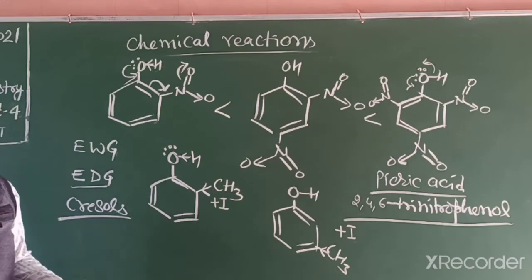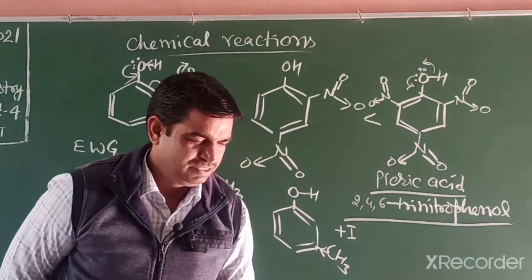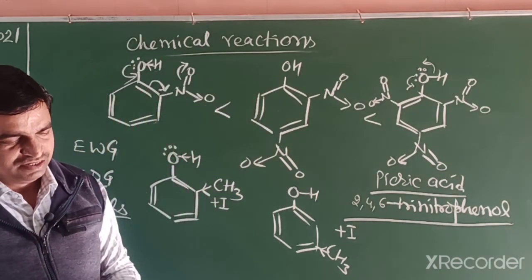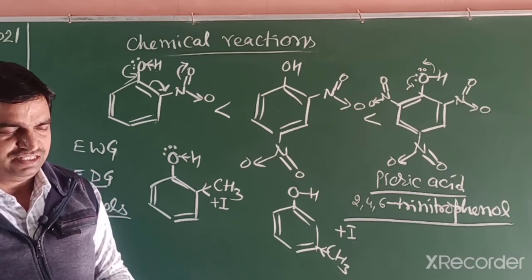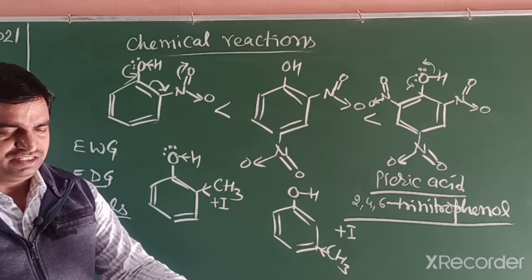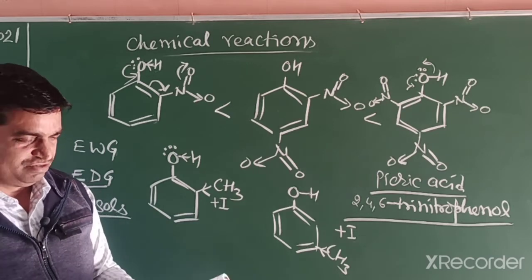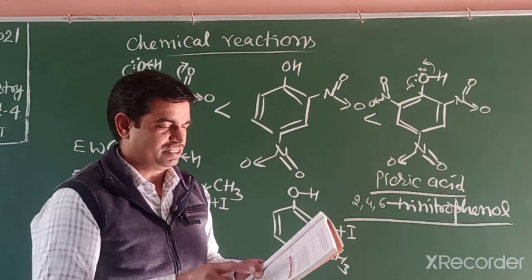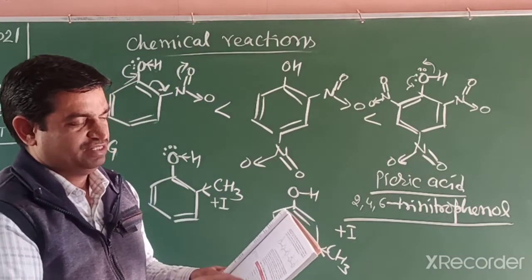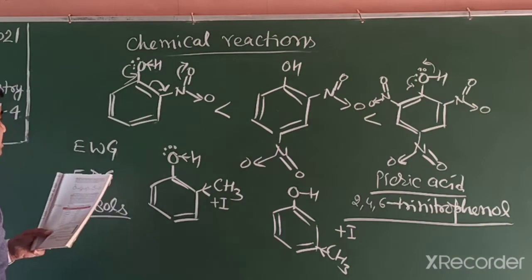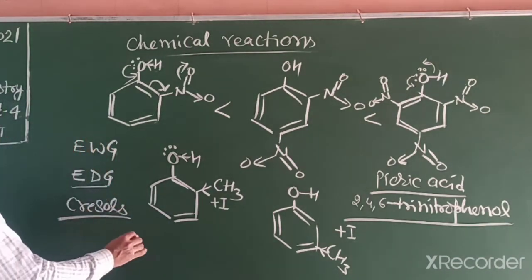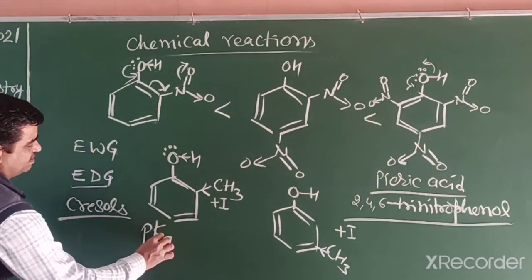Now we explain a numerical given in your NCERT book: arrange the following compounds in increasing order of their acid strength. Before explaining acid strength, students, in your NCERT book a tabular form is given. In that table, pKa values are given.